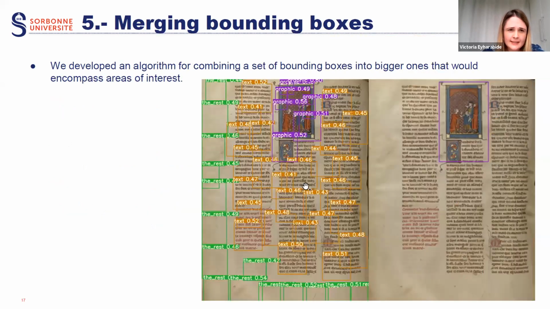As you can see in this example, there are several strong overlaps between the rectangles that we detected by YOLO. So we developed an algorithm for combining all those bounding boxes into bigger ones that encompass areas of interest.